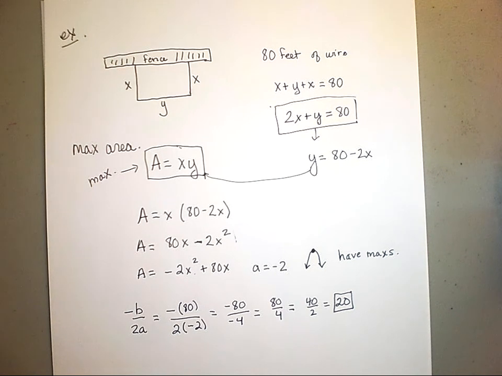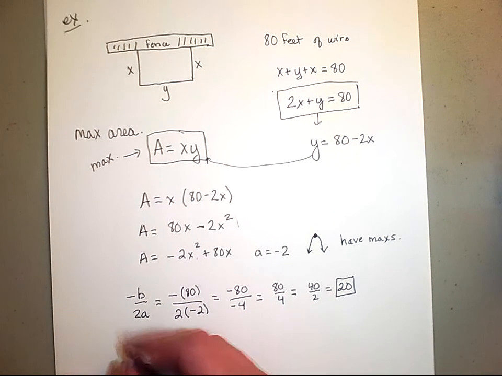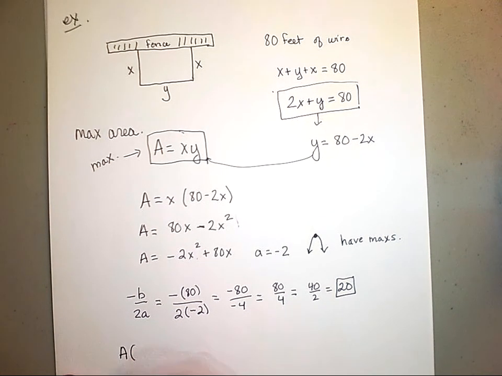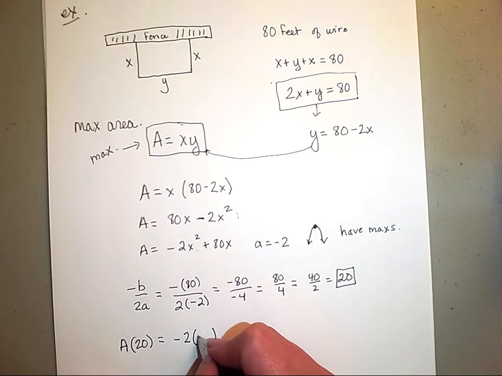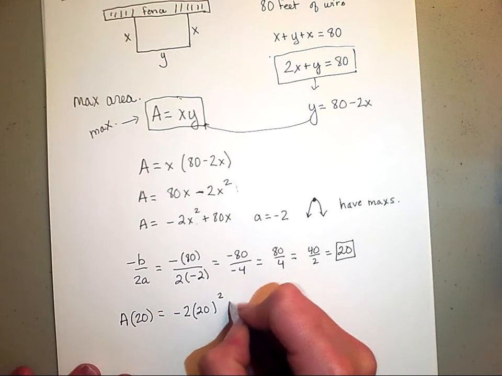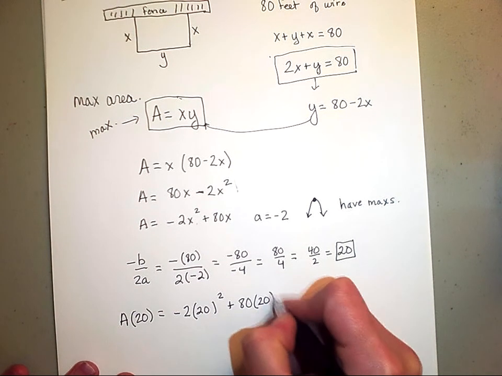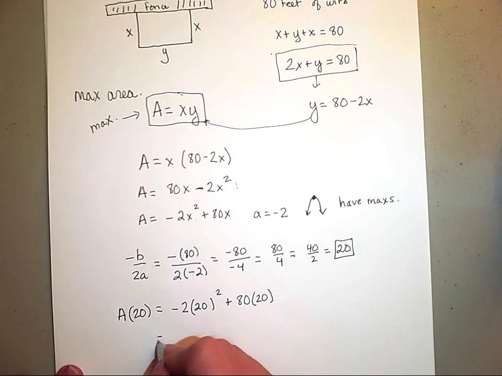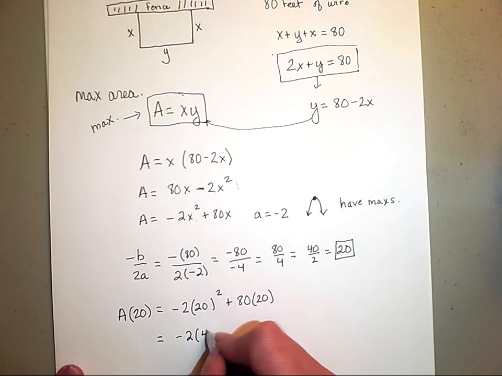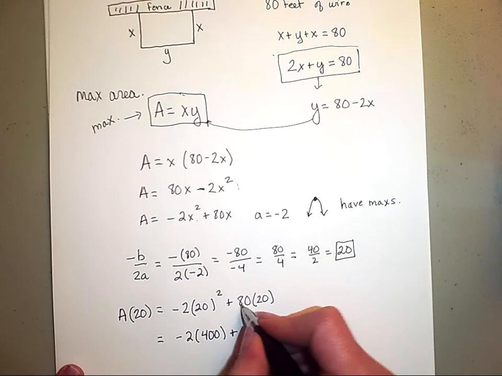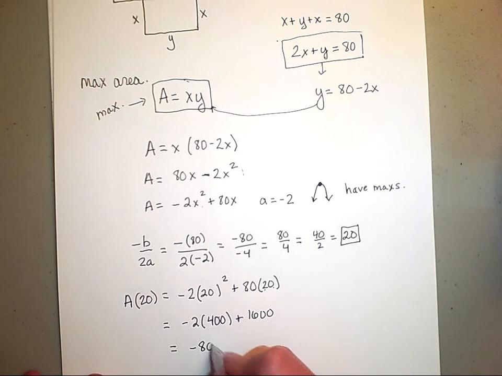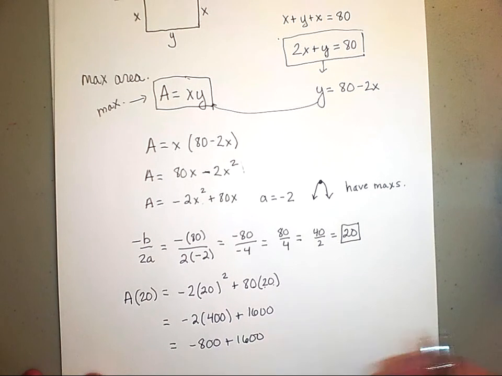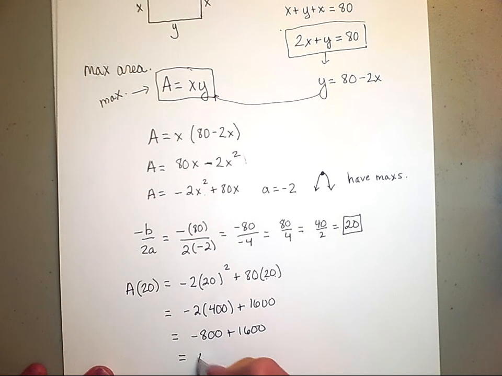Now, we need to know some things. So the maximum will occur when x is 20. Okay? So let's take our function, the area, and evaluate it at 20. Okay, so that's negative 2 times 20 squared plus 80 times 20, which is negative 2 times 400, plus 1600, which is negative 800 plus 1600, which is equal to 800.